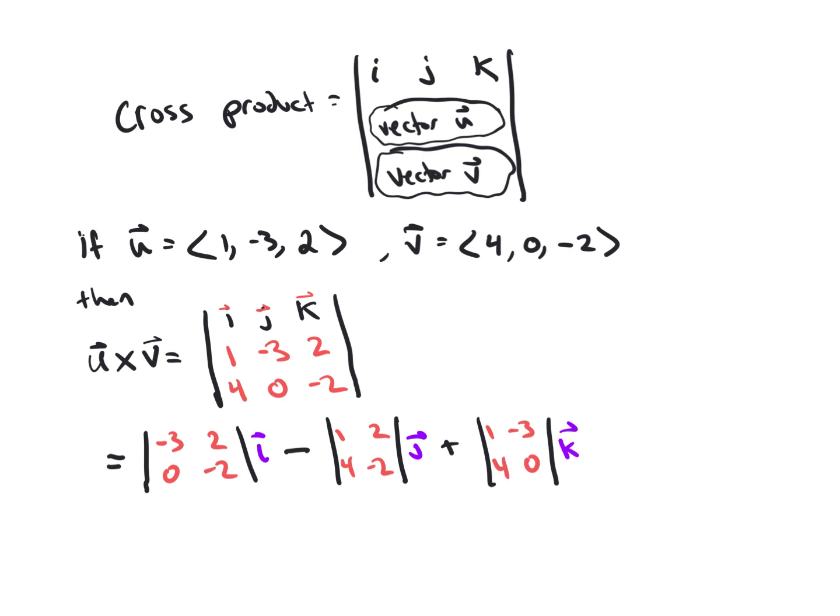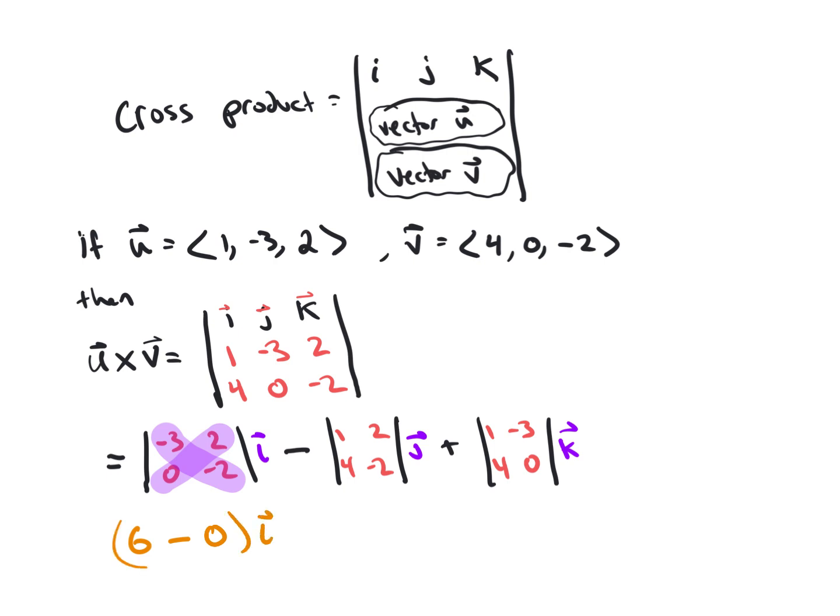So now we do that determinant math. We know the formula for the determinant is that you multiply the diagonals and subtract them. So I do -2 times -3 is +6, minus 0 times 2 is 0.